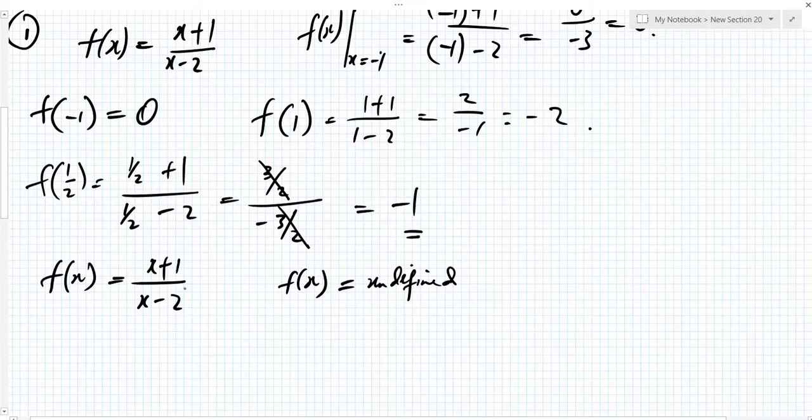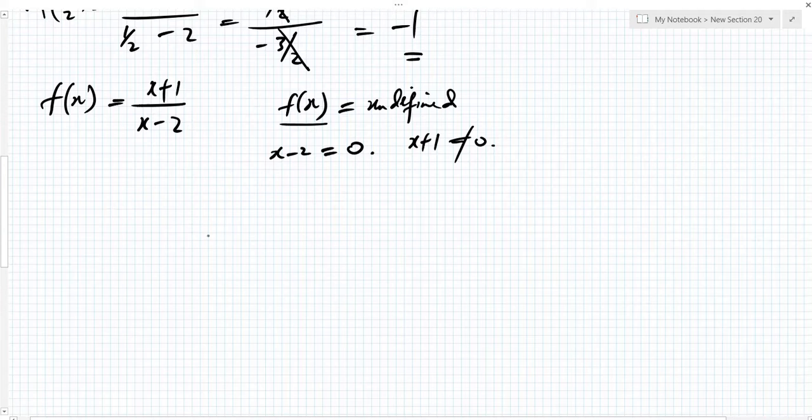The value of x where this function is undefined is at the point where the denominator is equal to 0, where x minus 2 is equal to 0. So at this point, we will now look for x.